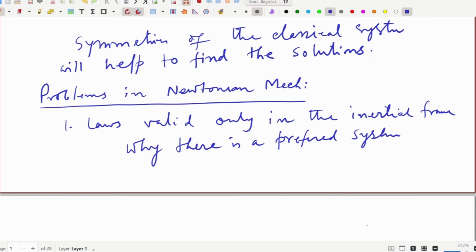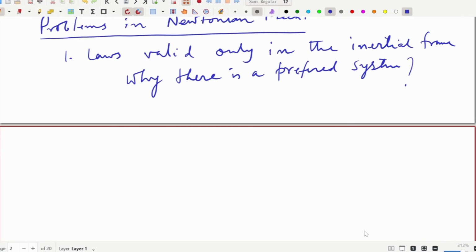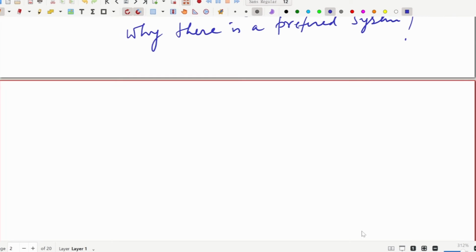In the last class I forgot to explicitly define the frame, so let me define it. What is an inertial frame? It is of course a relative concept. If a frame is absolutely at rest, not moving, then we can consider it an inertial frame.